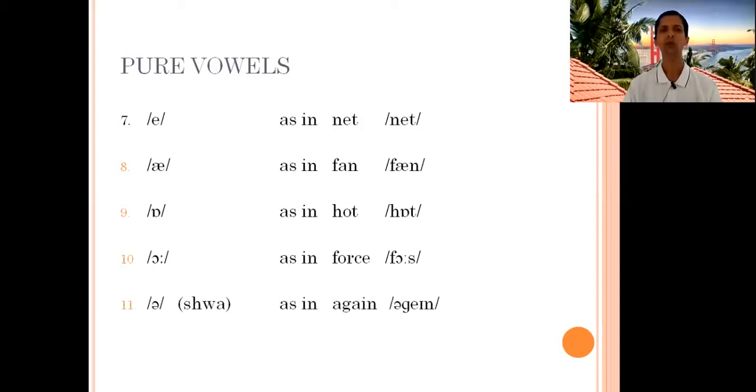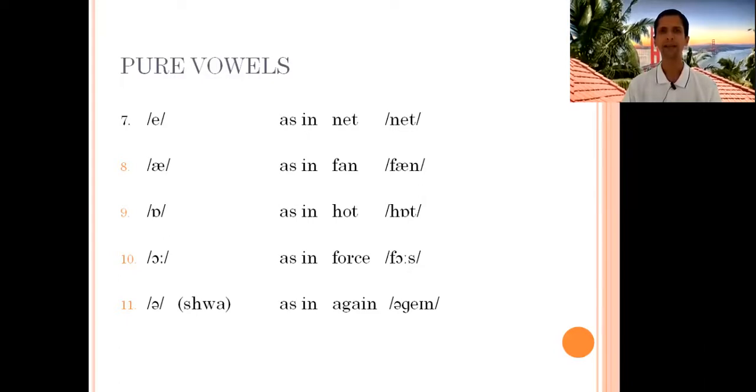The next pure vowel is a very short sound. It is at the same time the shortest sound in the English language, as well as the largest occurring sound in the language. Therefore, it has been given a name. It is called schwa. It is just as in again, the beginning sound in again.